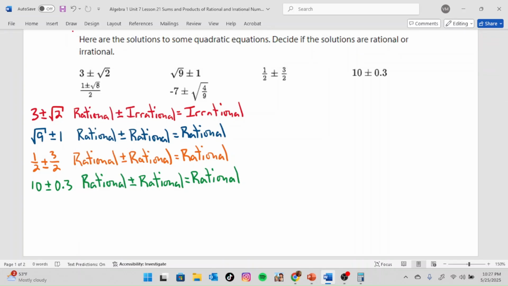The fifth one they give us is 1 plus or minus the square root of 8 divided by 2.